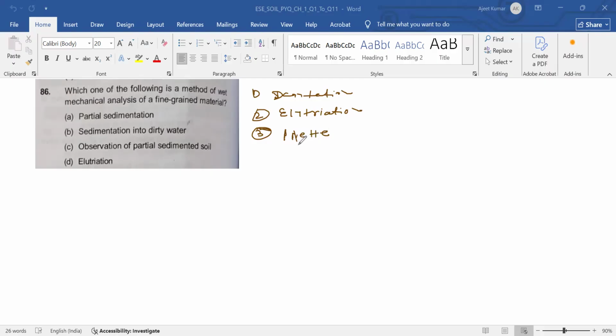Fourth is hydrometer method. Fifth is fractional sedimentation.